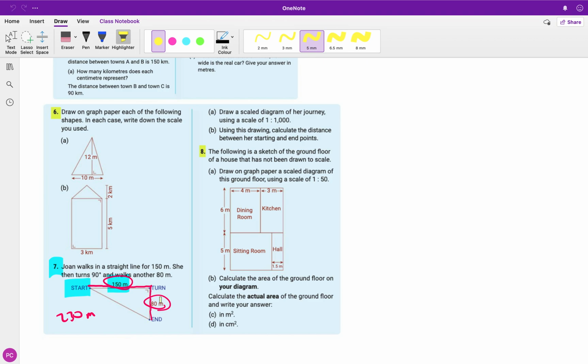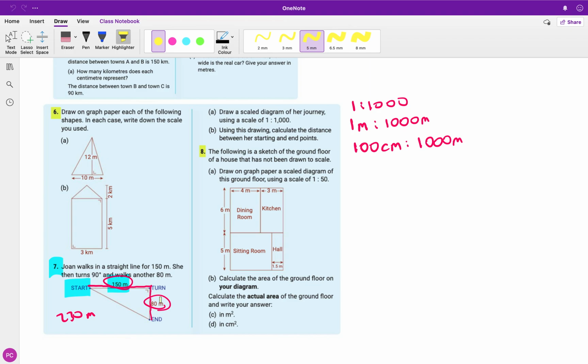If we do the maths on that, 1 is to 1,000 is going to mean 1 metre is 1,000 metres, meaning 100 centimetres is going to be 1,000 metres. That makes sense?